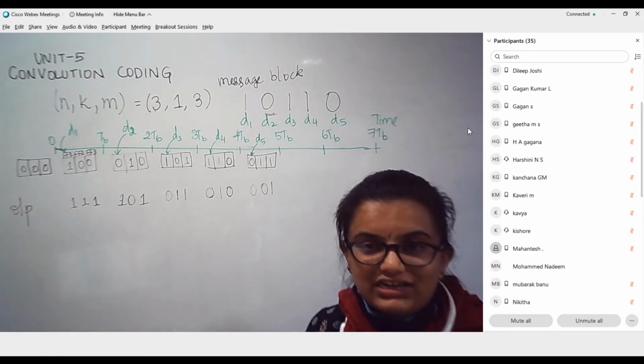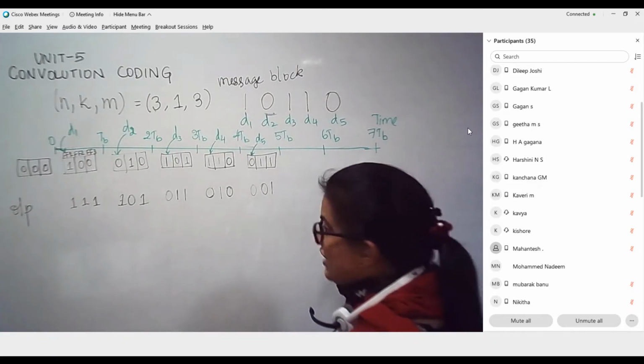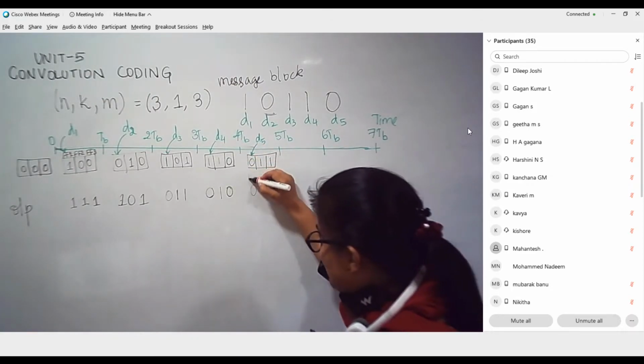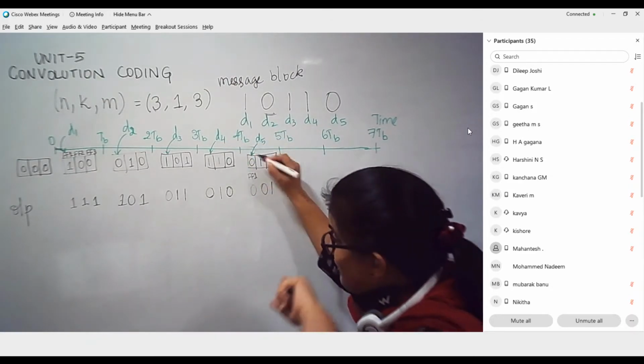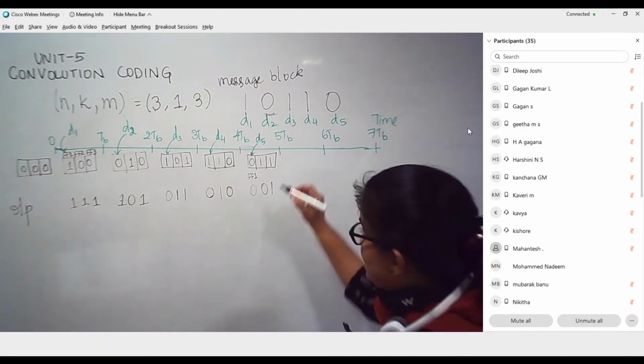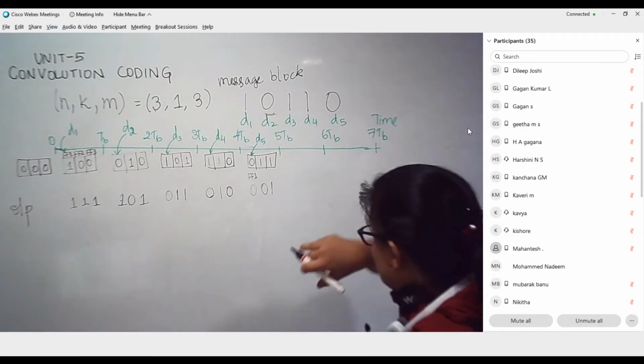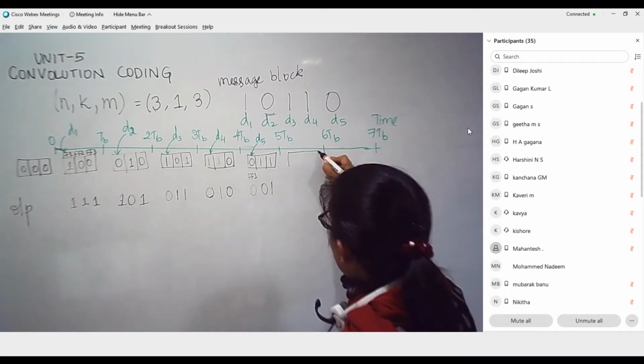That is the criteria to end the coding process. So what does that mean? Now D5 is currently present in FF1. So this D5 is going to get processed until it comes out of FF3, the last flip-flop within the shift register.